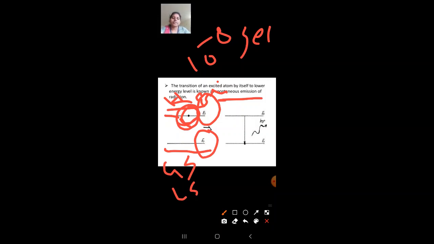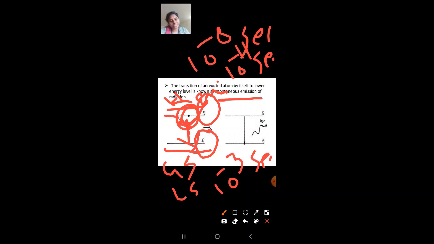Sometimes it exists 10 to the power of minus 3 seconds, sometimes 10 to the power of minus 11 seconds. After completion of the lifetime, the particle compulsorily falls down into the ground state.